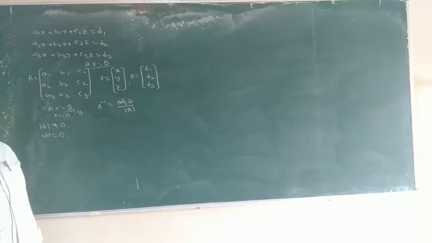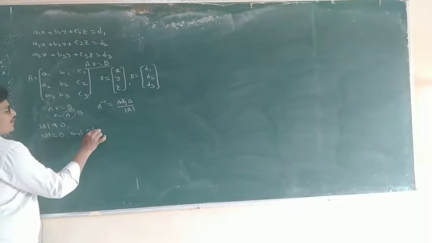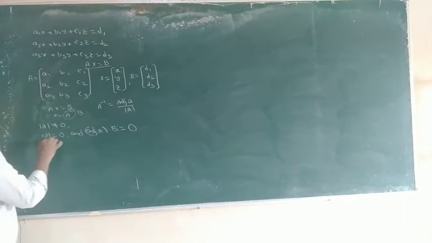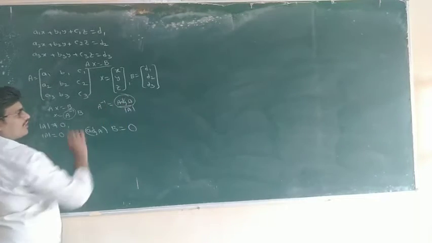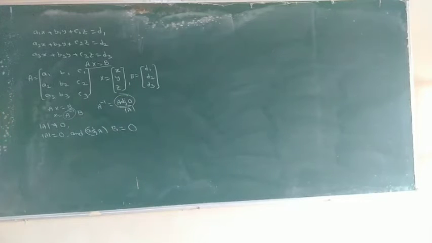Next, determinant of A equal to 0 means the system of linear equations is consistent or inconsistent. So determinant of A equal to 0 and adjoint A into B equal to the O matrix, the zero matrix.